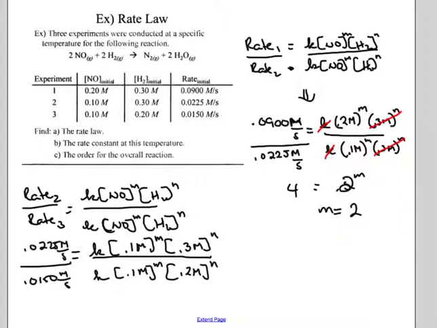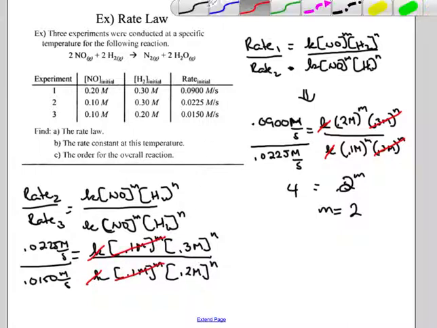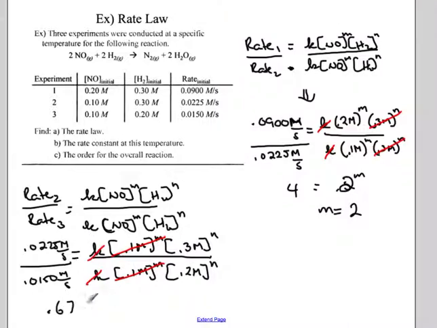Now notice that the K will cancel out, and the 0.1 molar to the M will cancel out, leaving this. All we have is 0.3 over 0.2, which is 1.5, raised to the nth power.